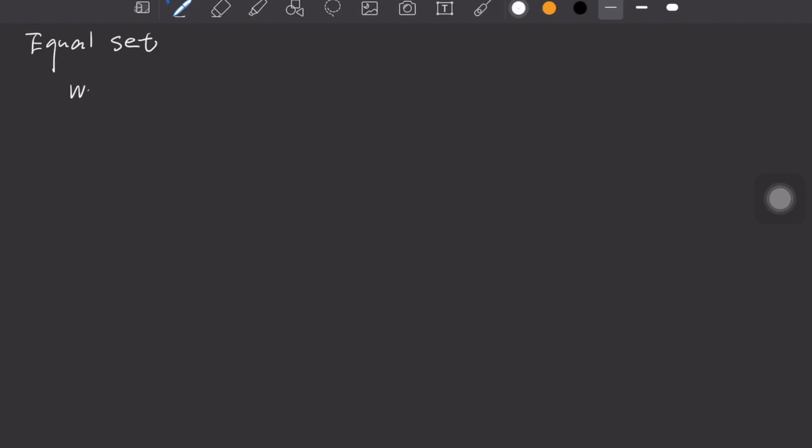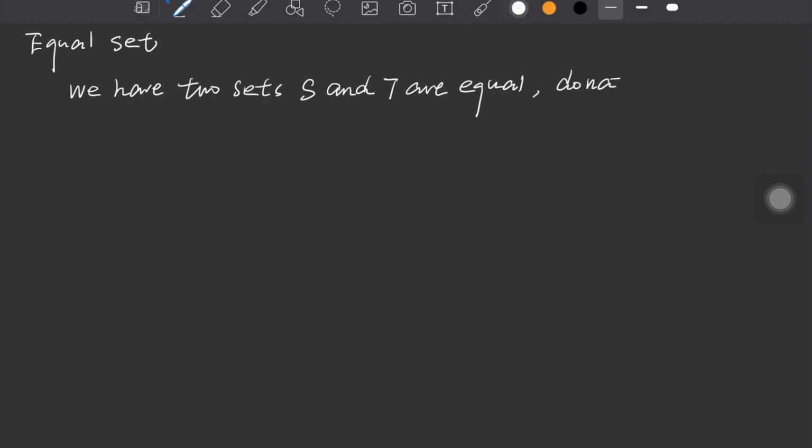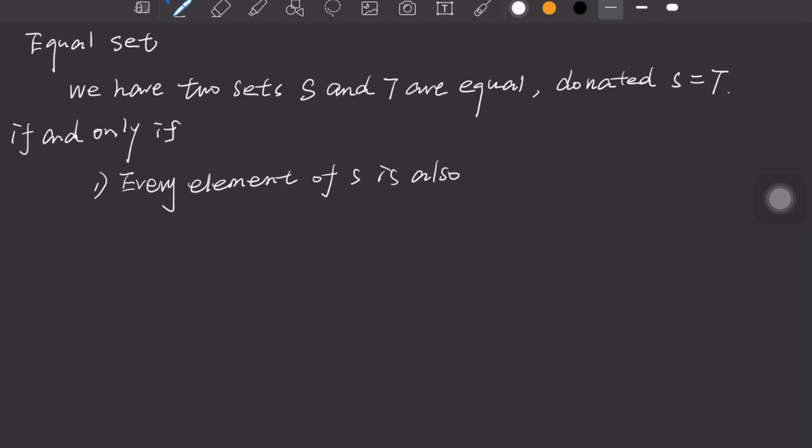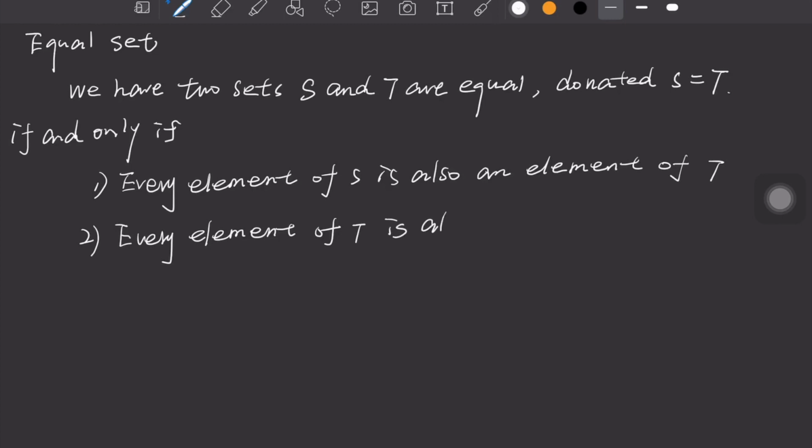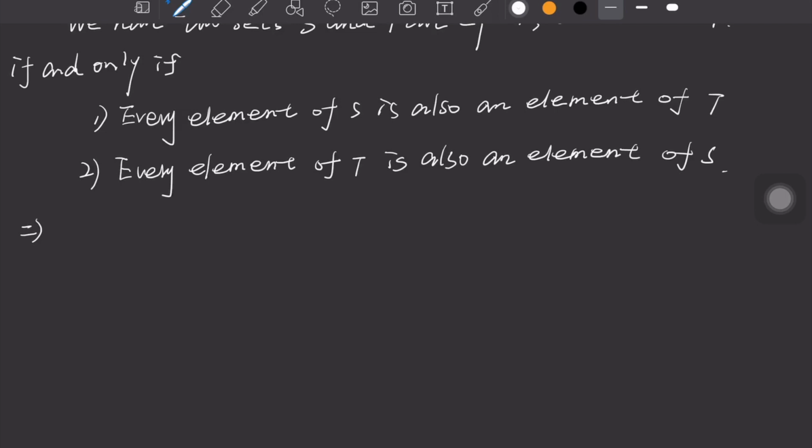Suppose we have two sets S and T. They are equal, denoted by S equals T, if and only if every element of S is also an element of T. Conversely, every element of T is also an element of S. If both criteria are satisfied, then we can say set S equals set T.